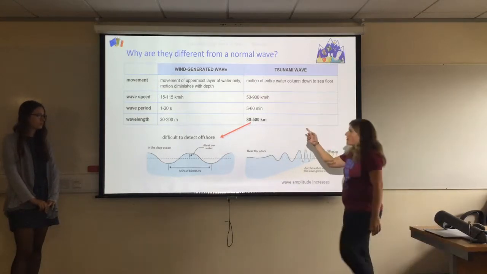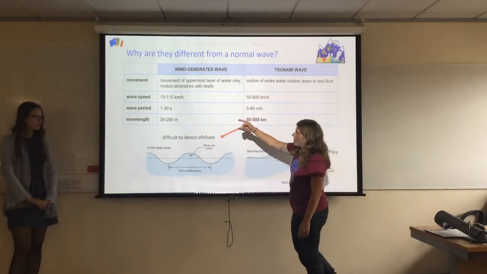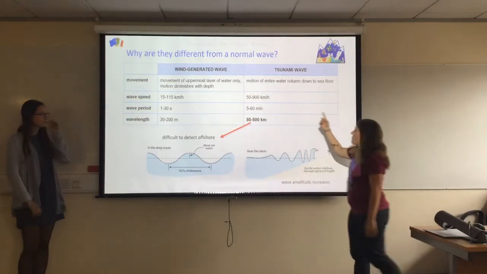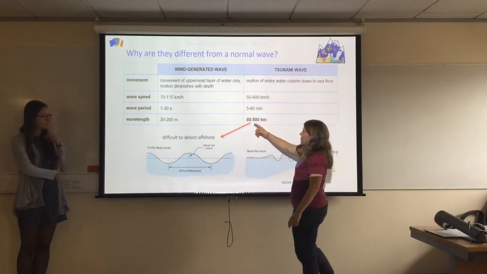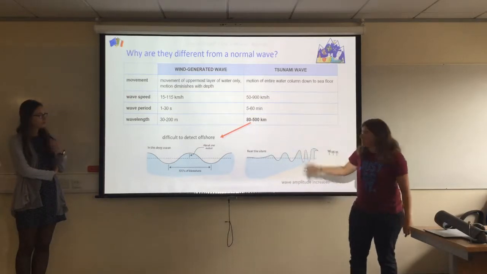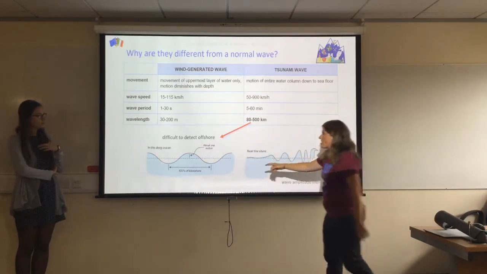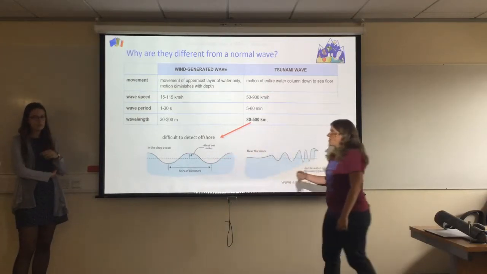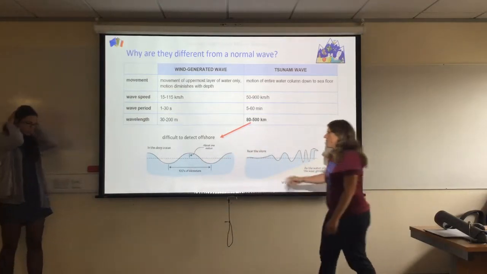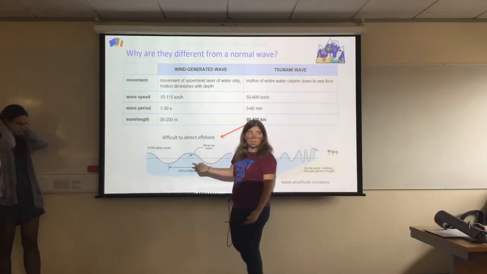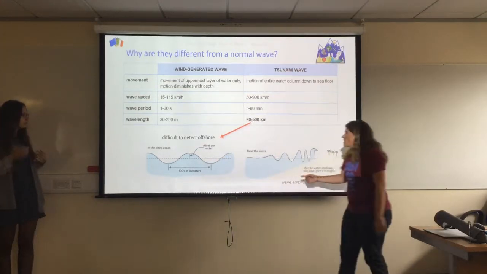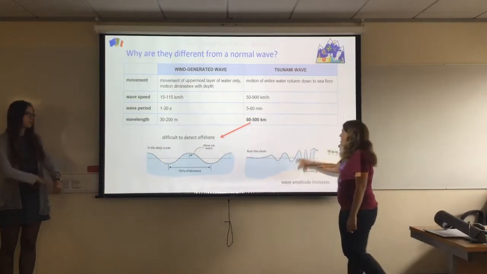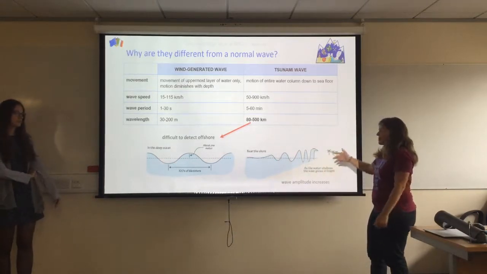We see other differences in wave speed, wave period, and wavelength. The main difference is that in a tsunami wave, the wavelength goes from 80 to 500 kilometers. And we see in this sketch that in the deep ocean, we can't detect a tsunami wave because the height is just about 1 meter. But when we go near the shore, the wave amplitude increases, and so we have a tsunami.